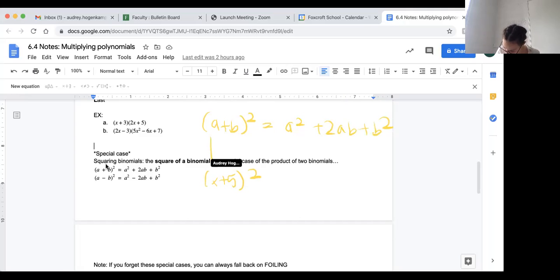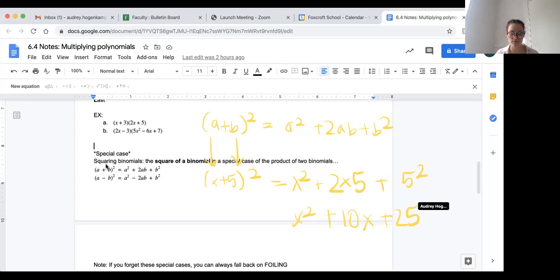So we see how we have a and b here. So x plus 5 quantity squared is going to equal a squared, where our a in this case is x, plus 2ab, so plus 2 times a, which is x, times b, which is 5, plus b squared, which is 5, so plus 5 squared. So then we're going to get x squared plus 10x plus 25.